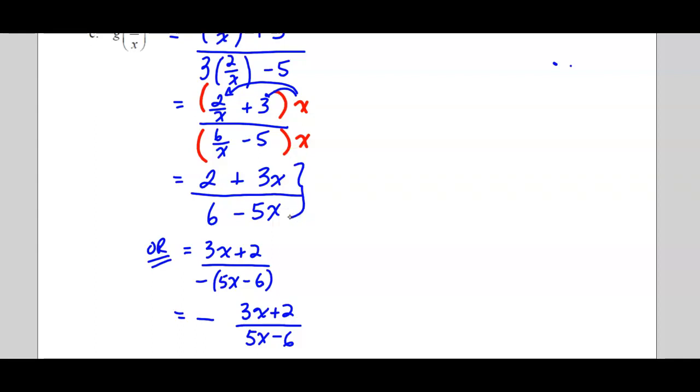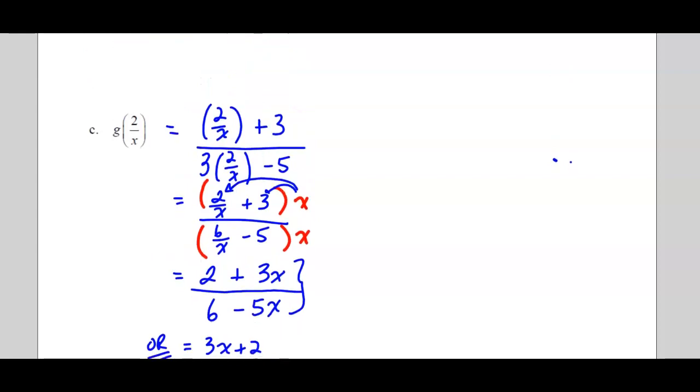Now, non-permissible values. You want to think about the non-permissibles from the beginning and the end, for any rationals. So here, right at the beginning, x can't be 0, because if x was 0 to start, what would you substitute in? It's an undefined value. So we have to look at what's inside the bracket, what you're substituting in.